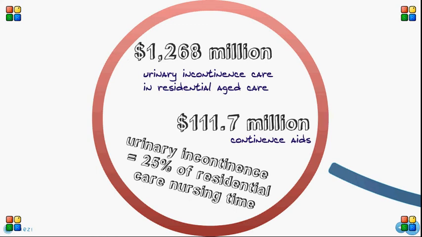This figure is sourced from the Australian Institute of Health and Welfare. This states how much money gets spent on incontinence care, and considerable time for the aged facility as well.